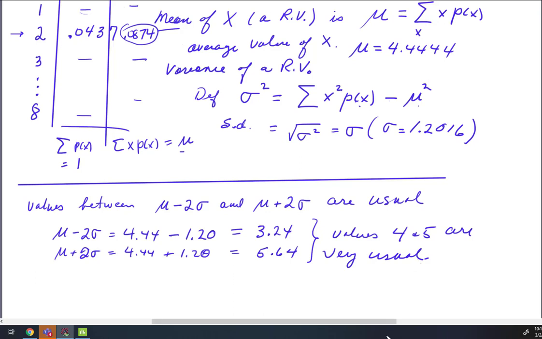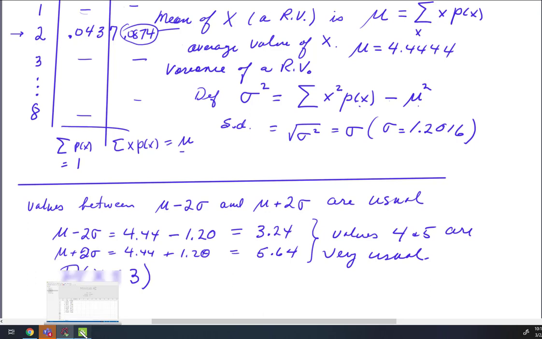Now, let's go back to Minitab and just take a second to calculate something like, I don't think we've done this yet, so we're going to calculate the probability that x is less than or equal to 3.